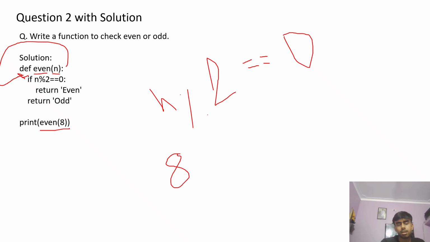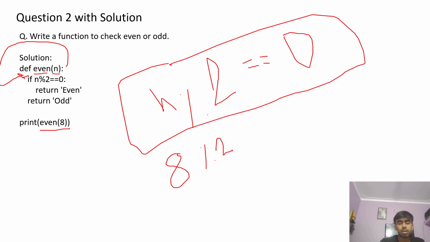So 8 modulus 2. Whenever we divide 8 by 2, our remainder will be 0. That means this if condition is applicable, which means this is an even number.